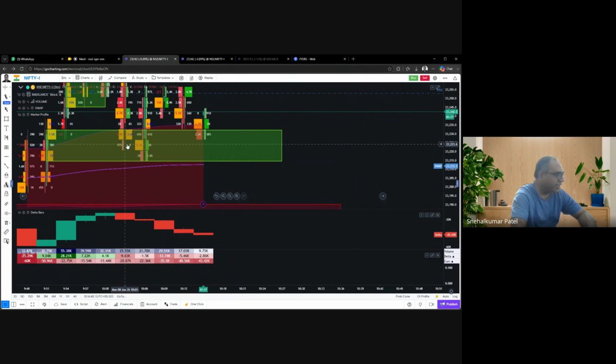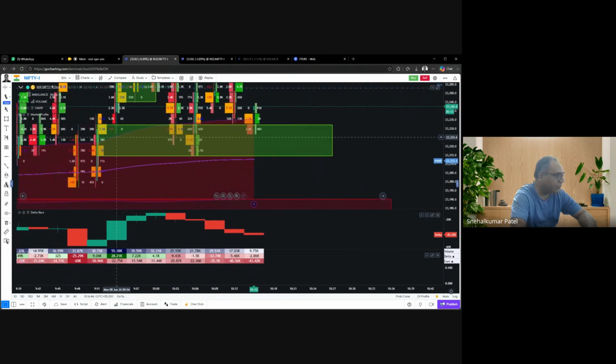Price again tried to move up from this level. If you look at this level, how many candles have gone up from this level? 1, 2, 3, 4.